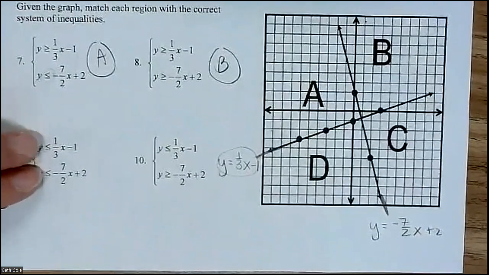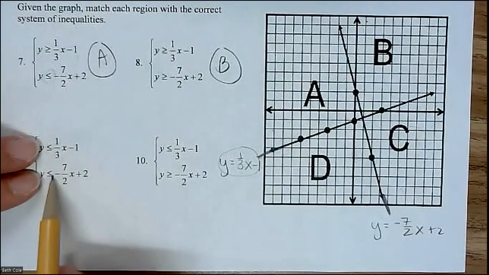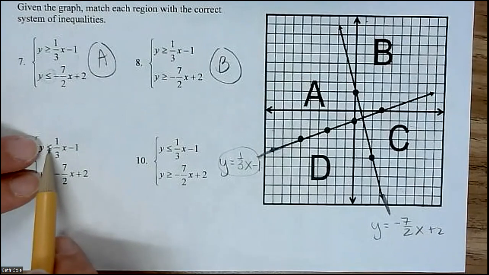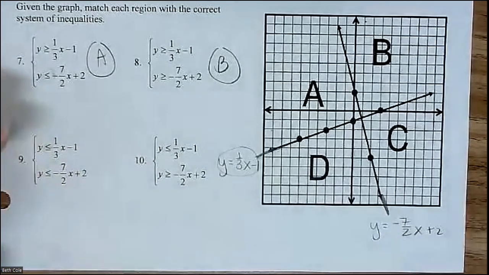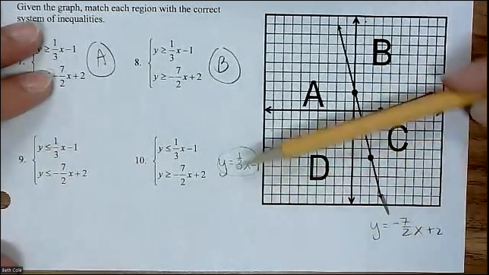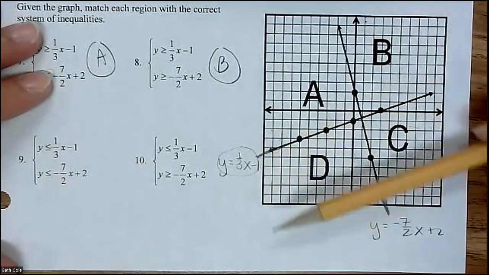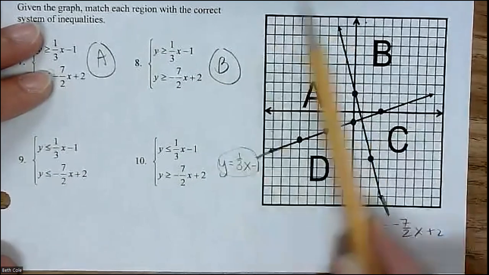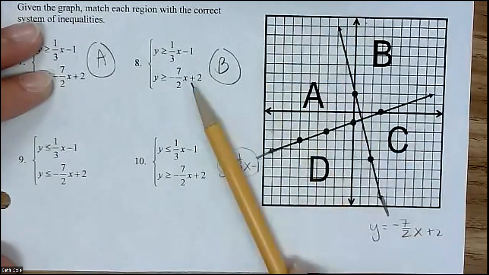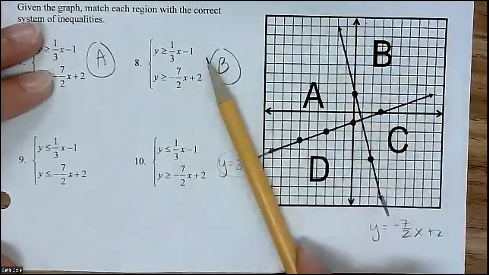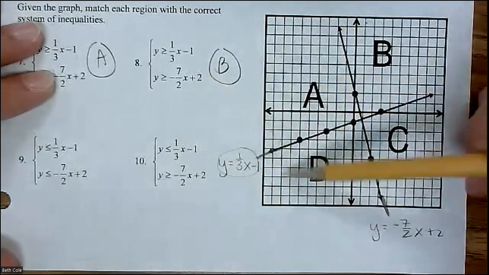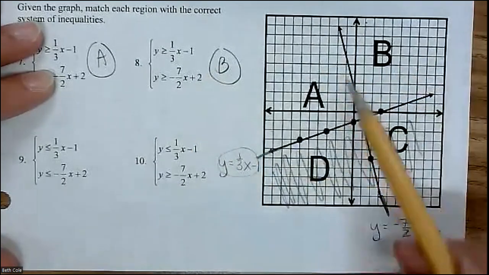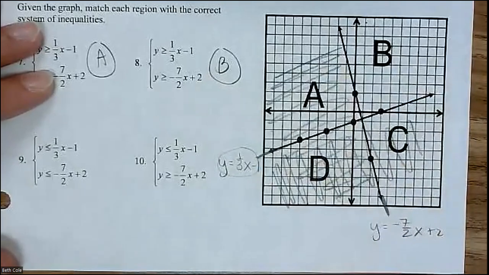What do both of the symbols say for this one? Less than. That means, look, watch. That would be below this one. So either C or D. And it would be below this one. So which one is below both of them? Here's below for the first one and here's below for the other one. Where's the overlap?